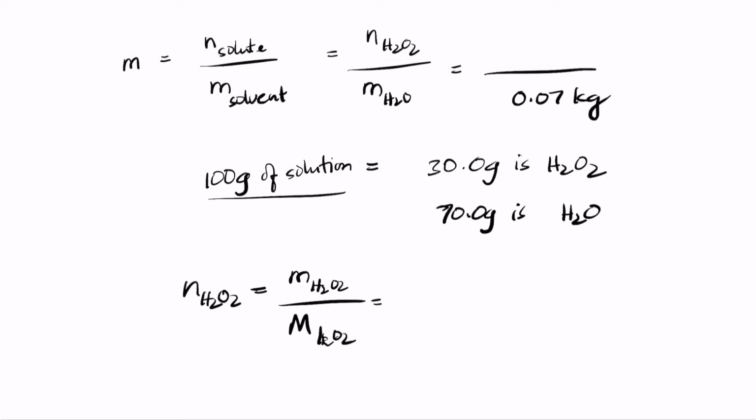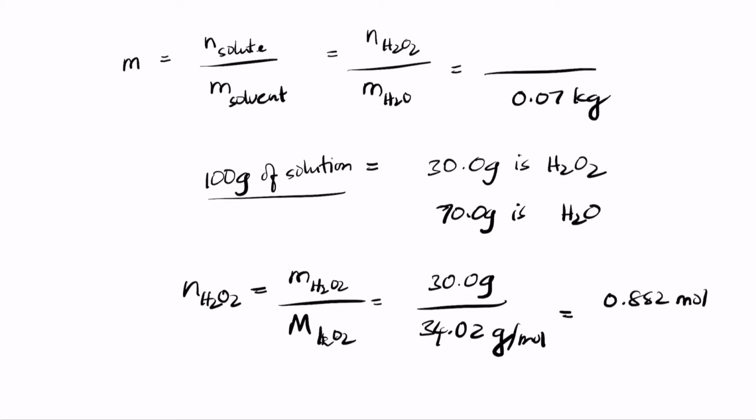So the mass of H2O2 is 30 grams divided by the molar mass of 34.02 grams per mole. When you calculate this value, it becomes 0.882 mole of H2O2.